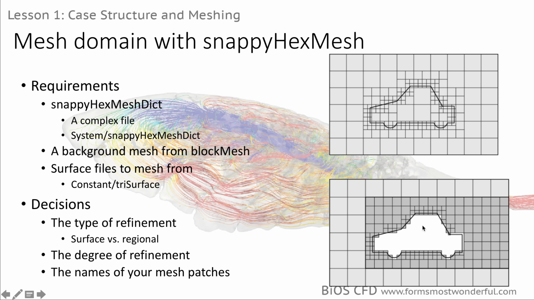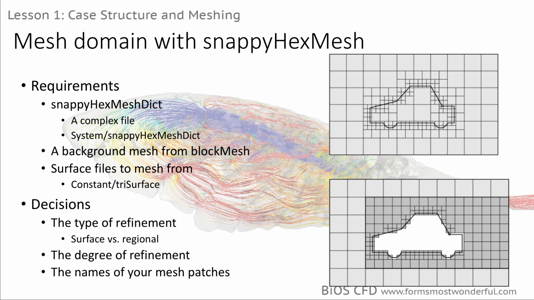Then it will get rid of either the mesh on the inside or the outside, depending on what you want to do. This illustration is for somebody that wanted to look at the aerodynamics of a car, so they care about the air flowing outside. We're actually going to keep the inside and not the outside. And the last step is it'll take these edges and try to snap the final edges to the surface. That's why it's called snappyHexMesh.